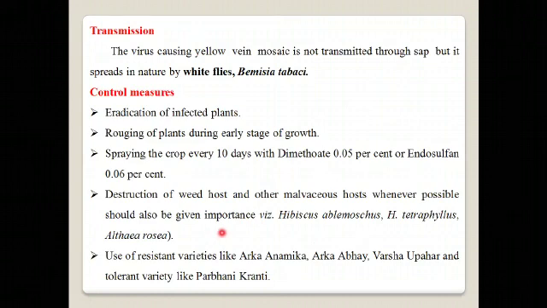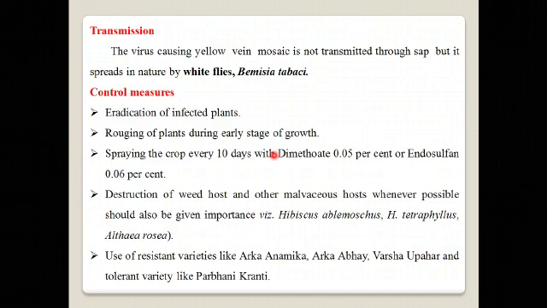Then the causal organism. Okay. So this yellow vein mosaic virus generally infects bhendi crops. The name of this virus, that is a DNA virus. Okay, a double stranded DNA virus.